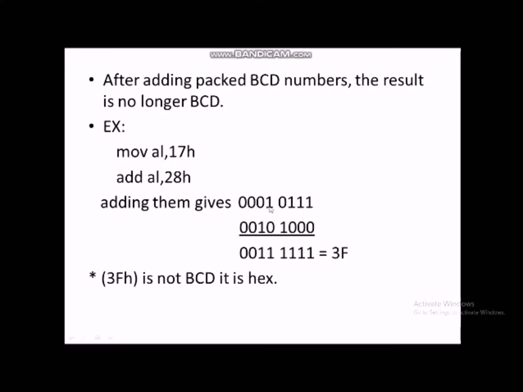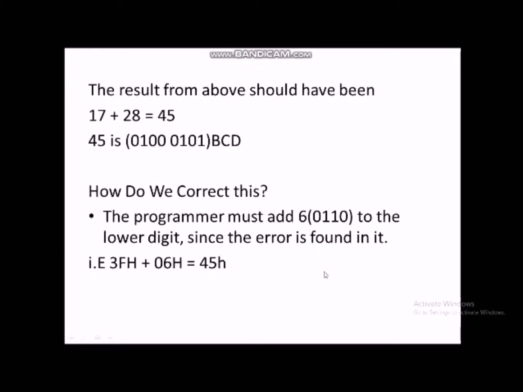So this represents 1, this is 7, this is 2, this is 8. If we do the corresponding addition, we're going to end up with 3F, and 3F is not a BCD number. So we need some sort of correction mechanism. Normally, adding 17 to 28, we're supposed to have 45 in BCD with a binary representation of this.